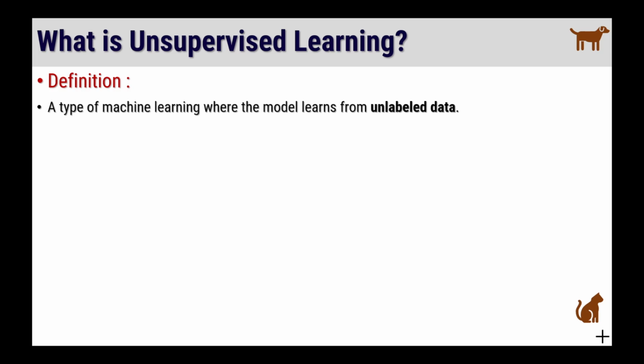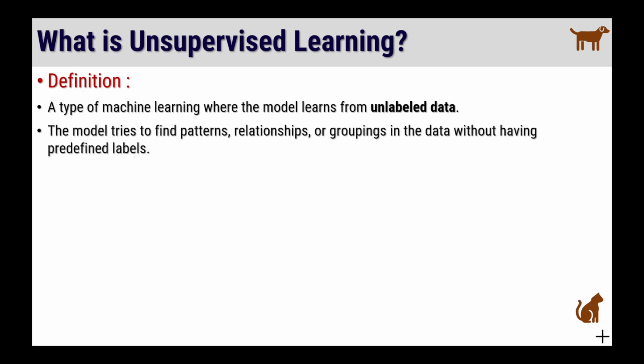The data given to the model doesn't have any predefined answers or labels. The model tries to find patterns, relationships, or groupings in the data without having any predefined labels. Let's say you have a data set of fruits, but you don't tell the model which fruit is which.